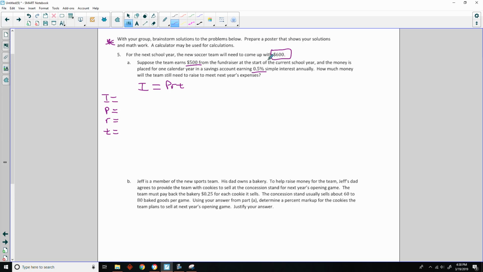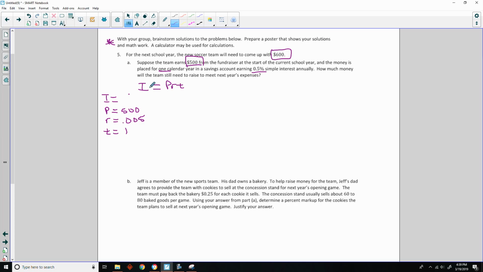The principal amount is right here, $500. The interest rate is 0.5% or 0.005. Be careful where your decimal place goes. 5% is 0.05. 0.5% is, move the decimal 2 places to the left, 0.005. And T is 1 year.